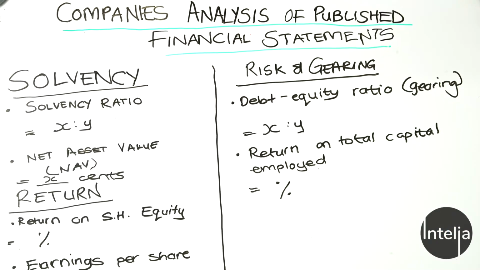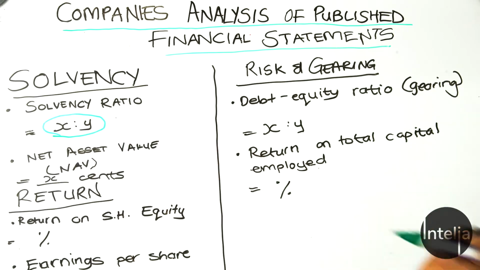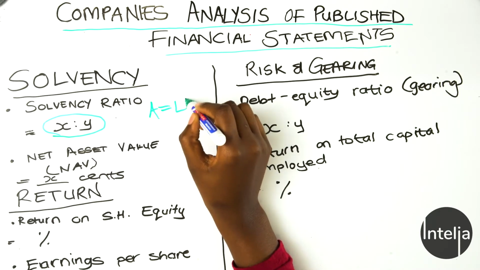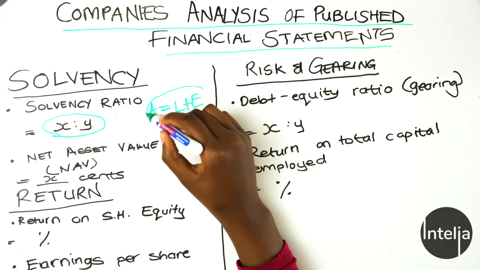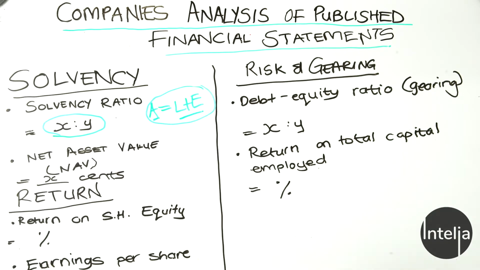So as you can see on my board, the solvency ratio, right? Obviously the ratio is in this format. Always remember the format is very important. It indicates whether or not your business can meet or pay its liabilities, and a business is solvent if its assets exceed its liabilities. So on the side, quickly, I'm going to remind you of the accounting equation. This side has to balance with this side.